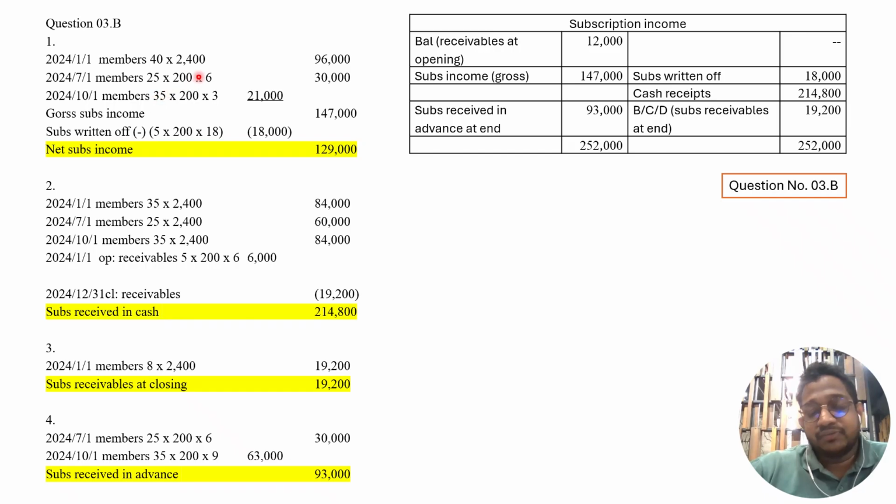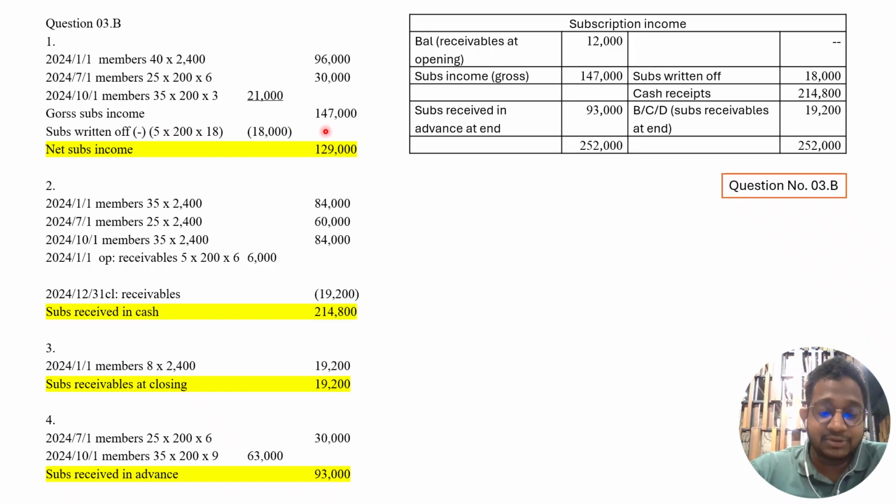So if it is 2,400 for the annual subscription, the monthly subscription is 200. So that's how I got here 25 into 200 into 6. And then on first of October, you recruited another 35 members. And for those, you have to find out income only for the last 3 months. So it is 21,000. So your gross subs income is 147,000.